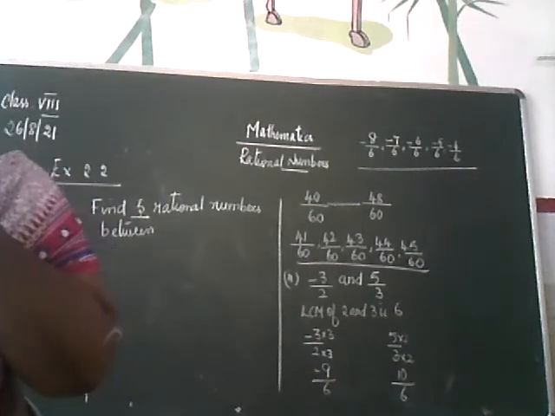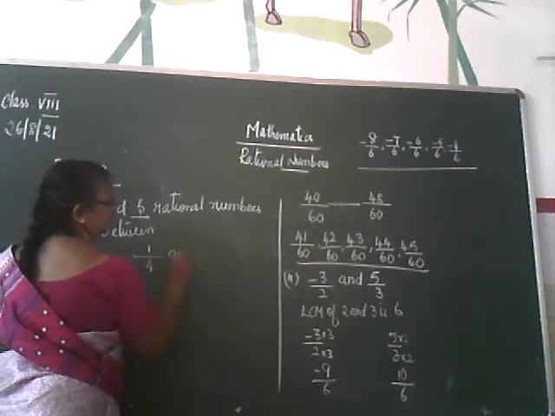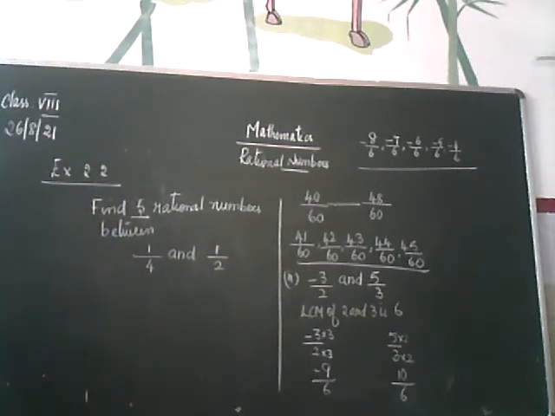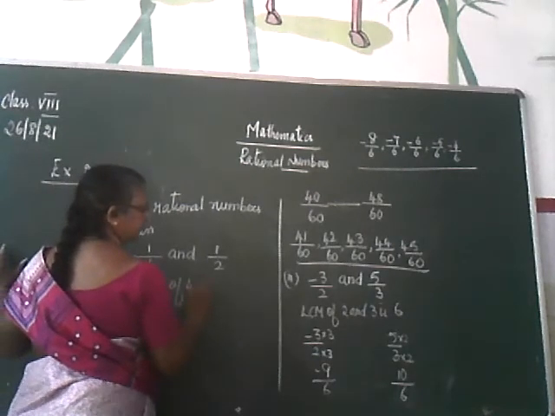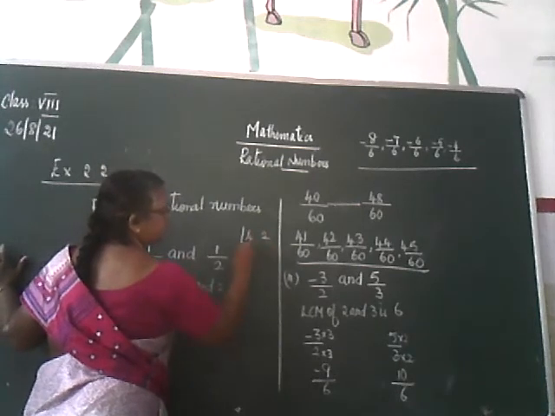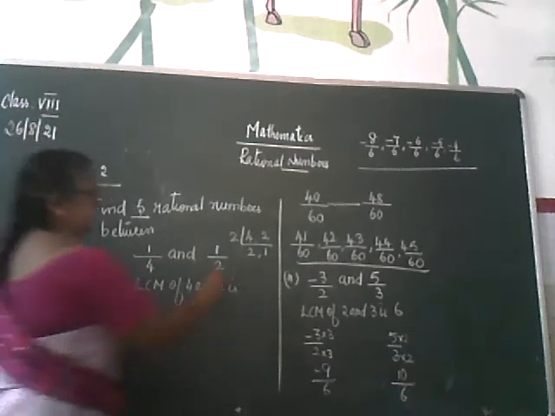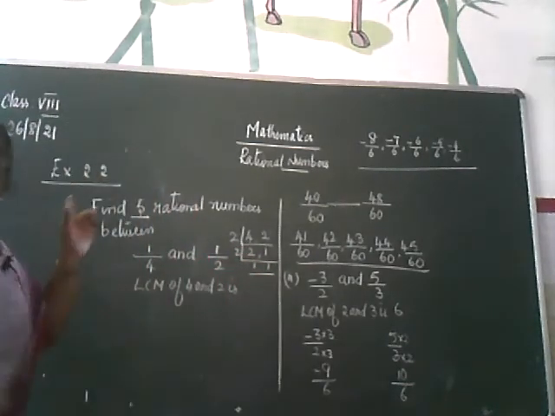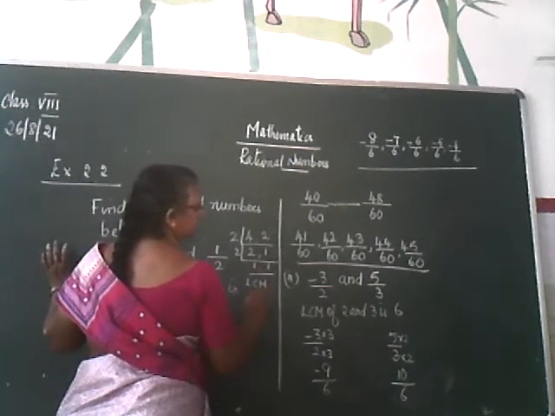1 by 4 and 1 by 2. So, what is the LCM of 4 and 2? Yes, 4 and 2. 2 2s are 4, 2 1s are 2. So, what is the LCM?